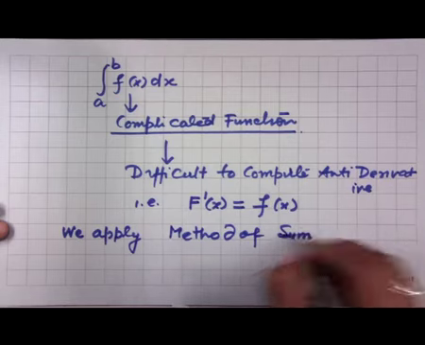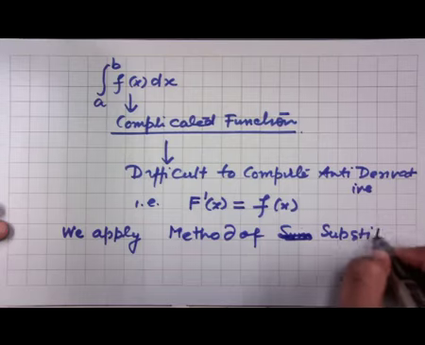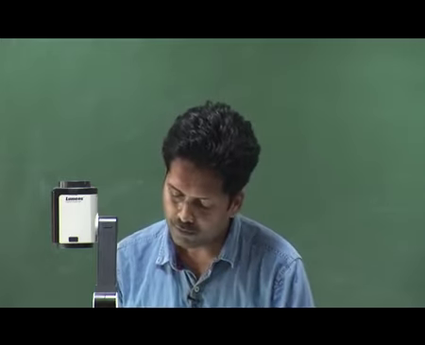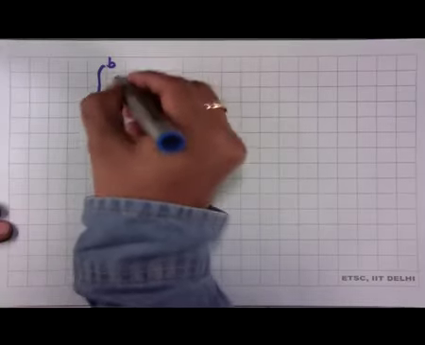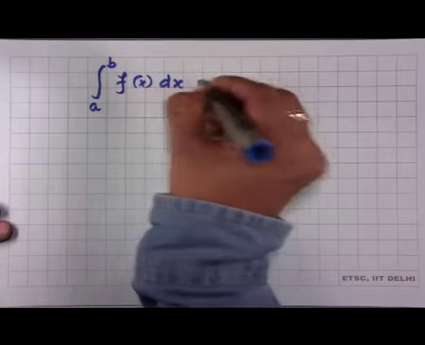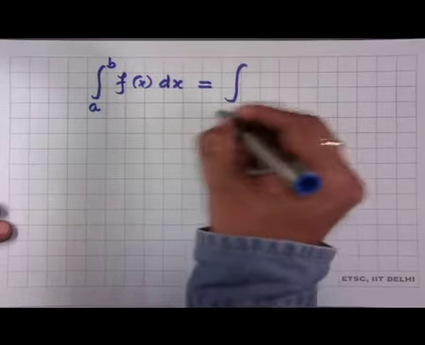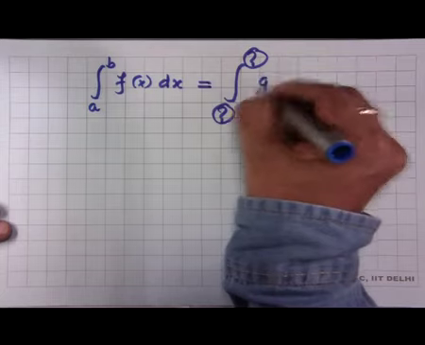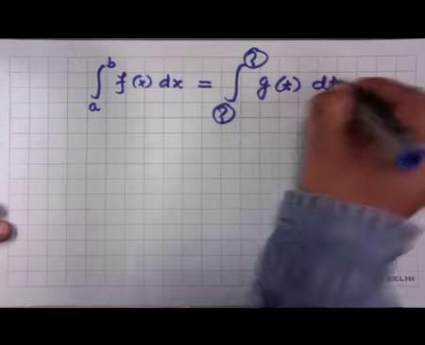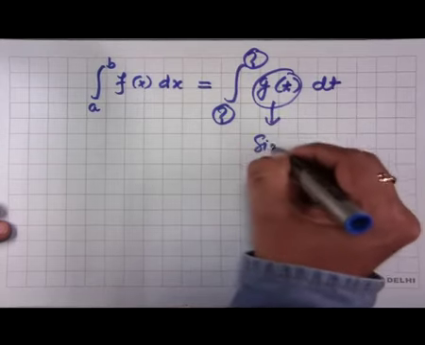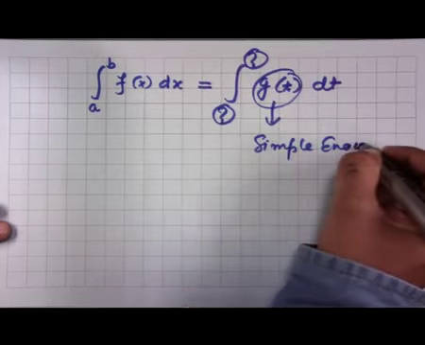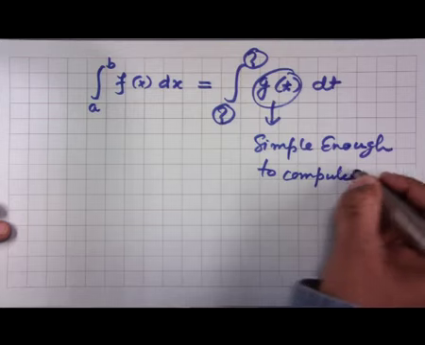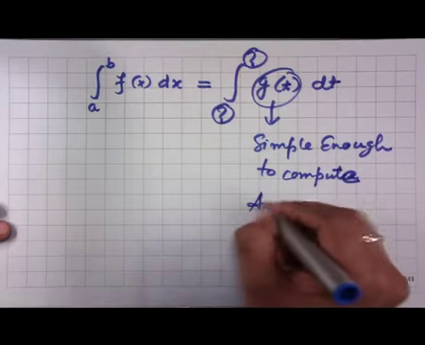What we do in this is that we transform the integral, where we will have new limits, these limits will be different, and we get another function which is simple enough to compute the antiderivative.